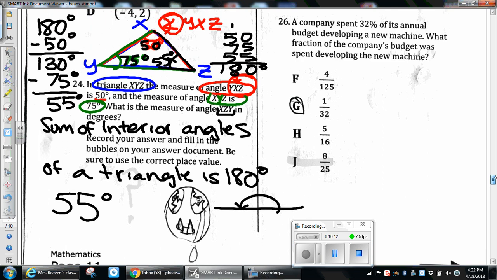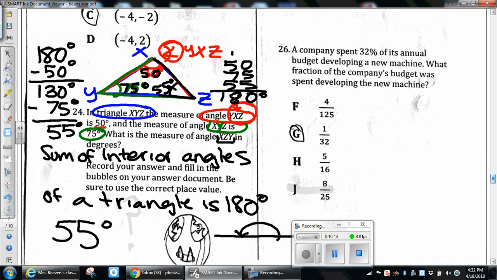So let's go to number 26. We have a company that spent 32% of its annual budget developing a new machine. What fraction of the company's budget was spent developing the new machine? Here what we need to do is a little conversion.